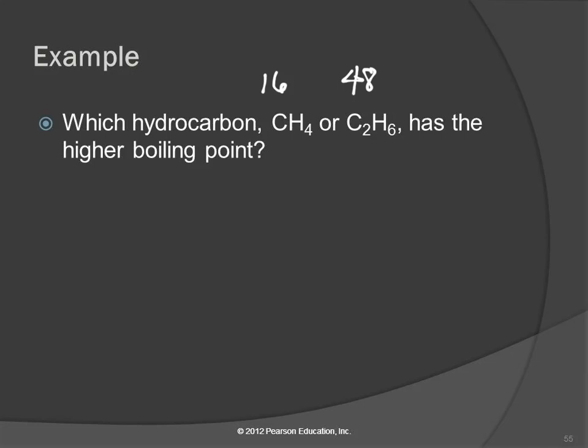Which one's going to have stronger dispersion forces? The bigger one, right? So the C2H6 is going to have a higher boiling point. We can't say anything about what the boiling point is, but we can look at two compounds that are similar, and we can predict which has the higher boiling point or which has the higher melting point.